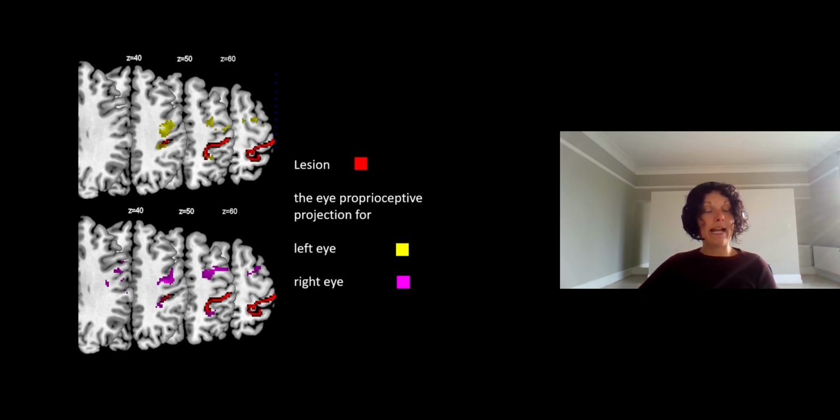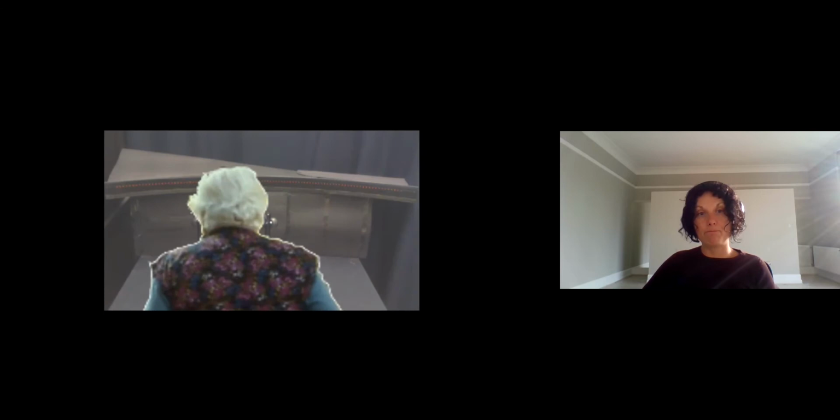So that indicates that this patient might have suffered a stroke in the eye proprioceptive area that could explain her double vision. So this was an excellent opportunity to test the ideas proposed by Gauthier and colleagues and by Lewis and colleagues and see whether this patient would or would not be impaired during visual localization.